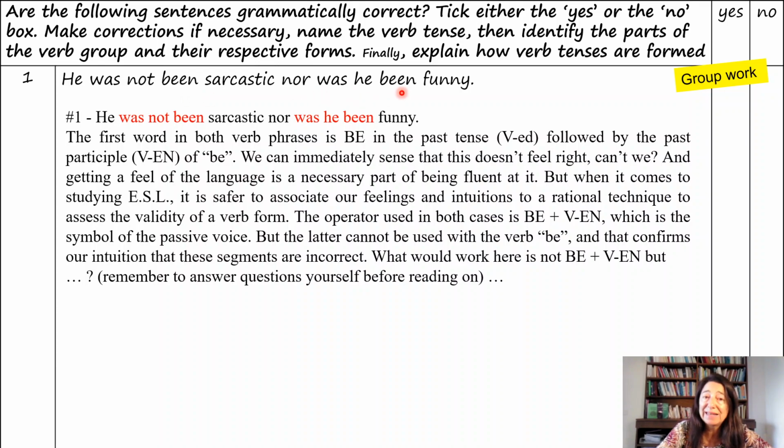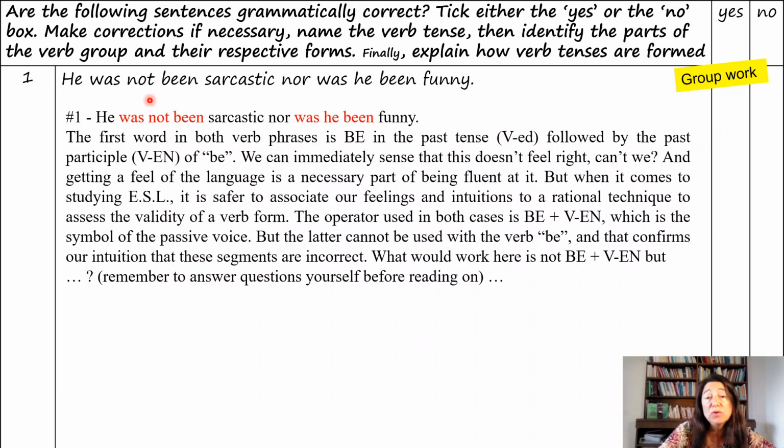And it's exactly the same thing here, because again we have be here plus the past participle of be, and we have just said that this was not possible. You cannot use be with be plus VEN, that is, you cannot use be in the passive voice. Okay, so what can we do instead?